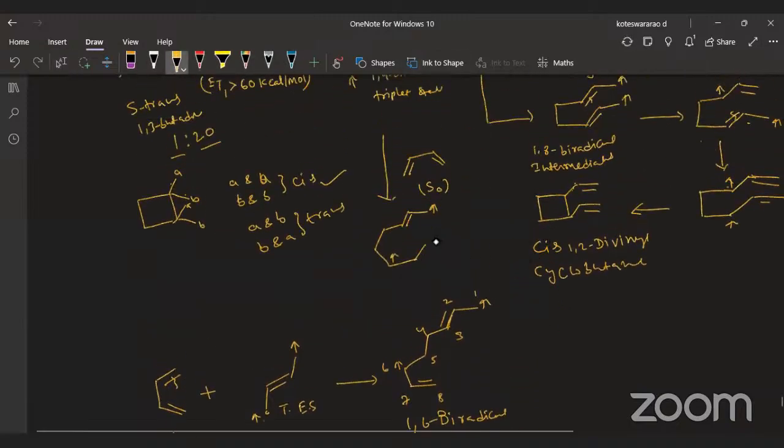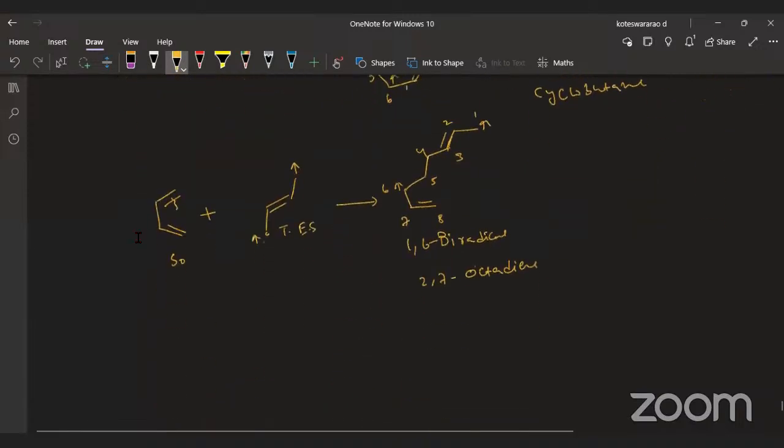Look here, 1, 2, 3, 4, 5, 6. Here the bond is there. Now what's happening next? This will produce the cyclohexane derivative.